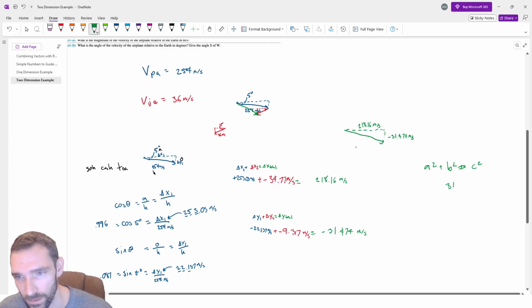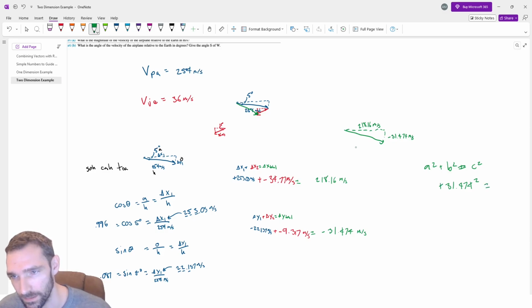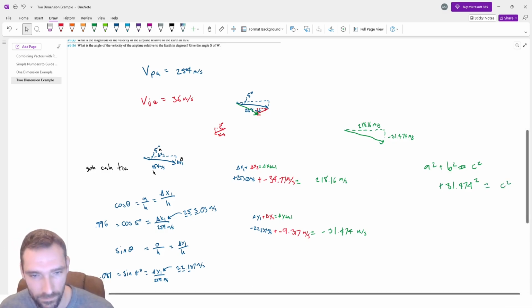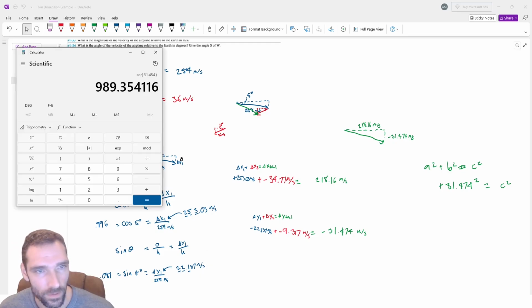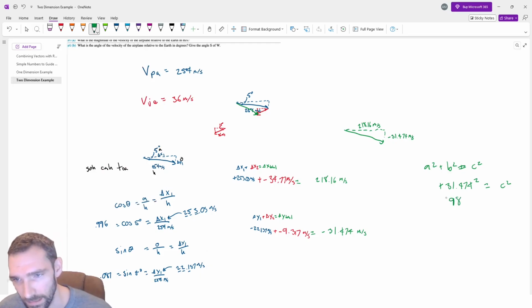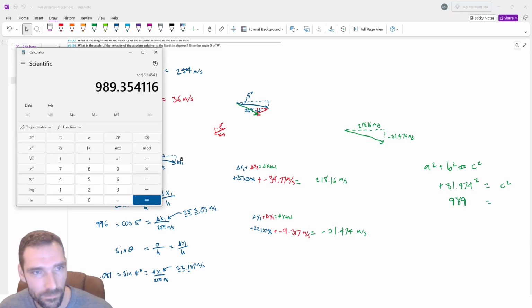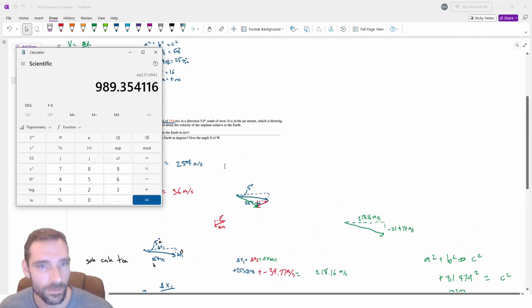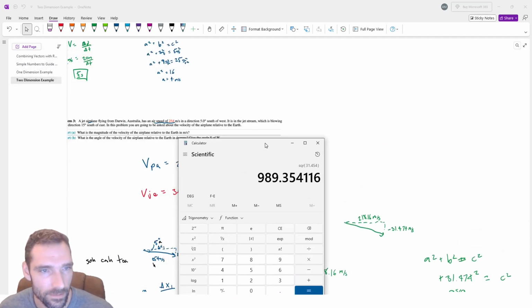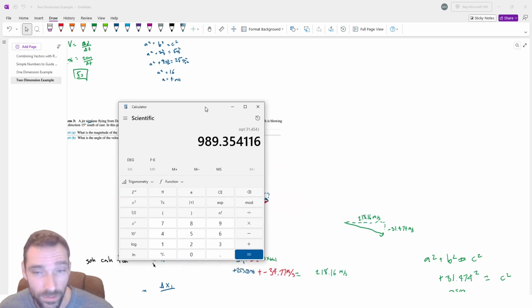So if we've got the 31.474, we're squaring that, and then we're adding that to this other one. When we do the square of that, that's 989. And we are going to be limiting this down to, I think, 2 sig figs.